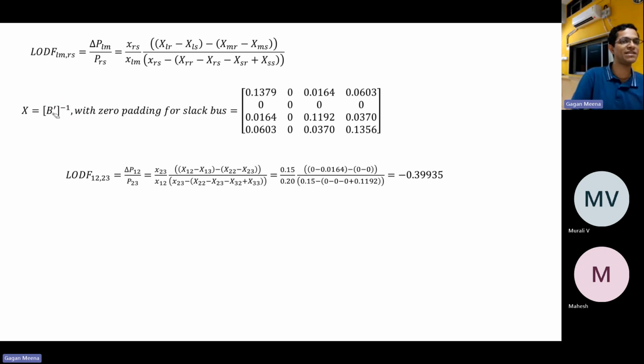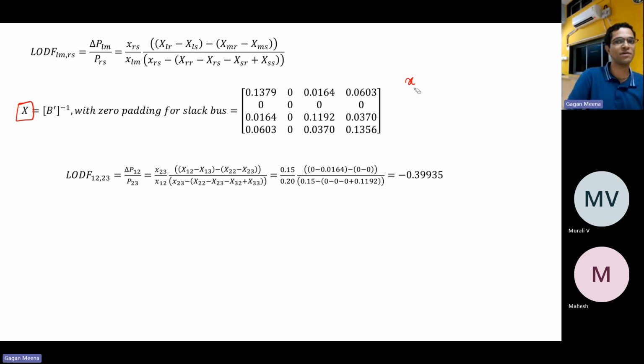First calculate B dash and then include 0 for the slack bus: make the row and column corresponding to the slack bus 0. This will become the X matrix. This X matrix and the individual x values, the impedances, are the only two things required for calculating the LODF value.